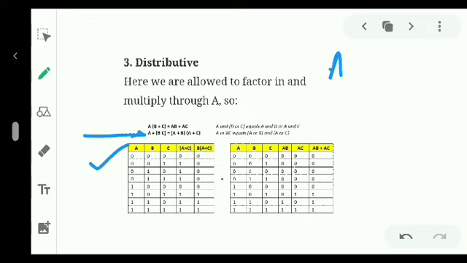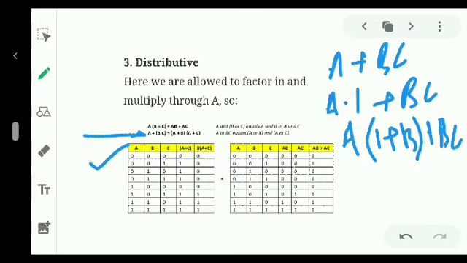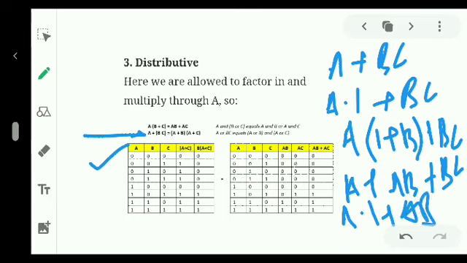I am writing A plus BC. A means 1 into A, so we can write that. A into A means A. Now, instead of 1, I am writing 1 plus B, plus BC. So it becomes A plus AB plus BC. Now we can write A into 1 plus AB plus BC.